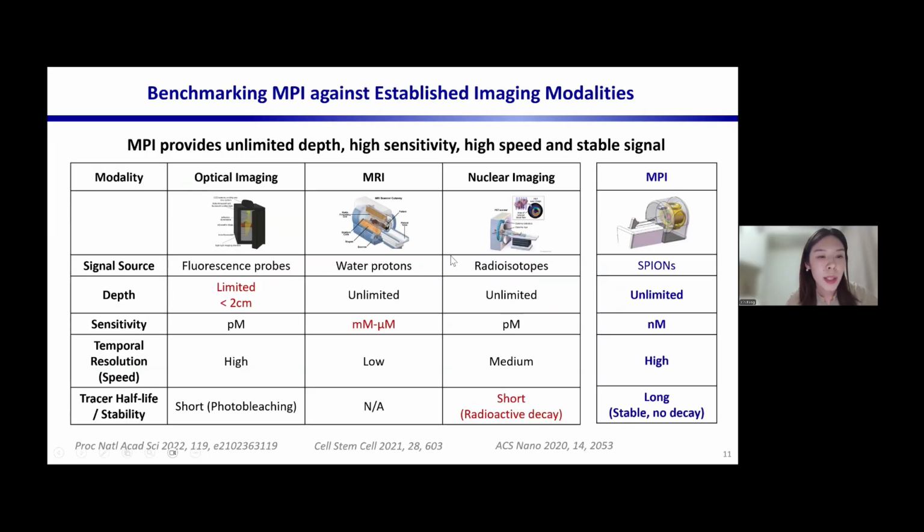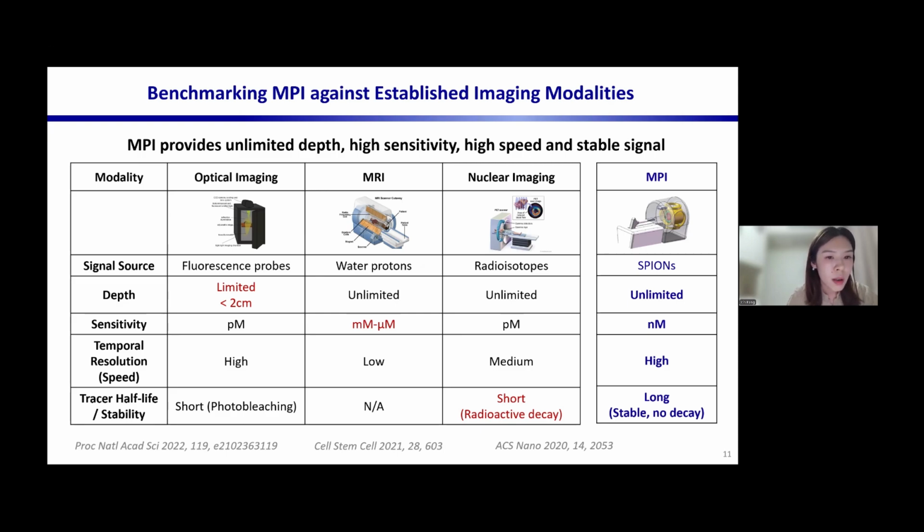This slide places MPI in the context of other established, mostly in vivo, imaging modalities. Let's take a look at where it fits. Optical imaging, like fluorescence and bioluminescence, is stable in basic biology research.